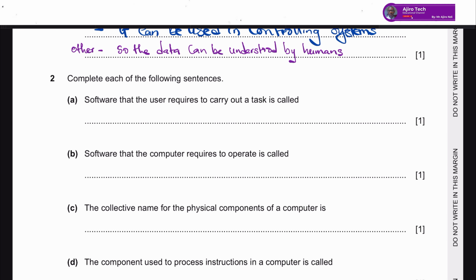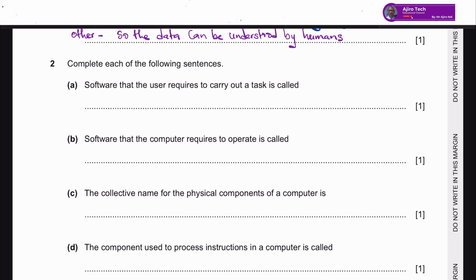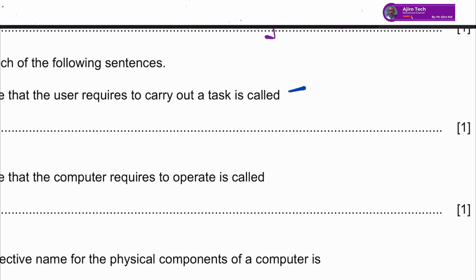Let's look at question 2. They said complete each of the following sentences. Software that the user requires to carry out a task. This is also going to be chapter 1, and because this is chapter 1, it is still part of software. So the subtopic here is software.